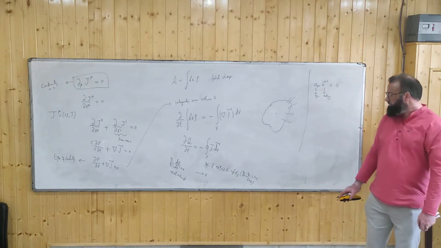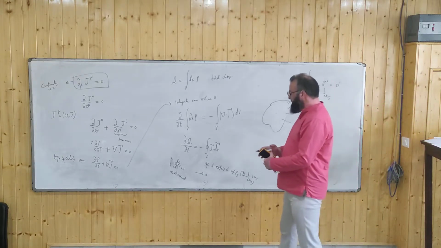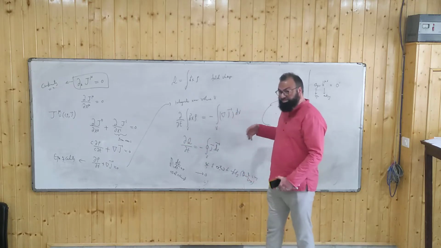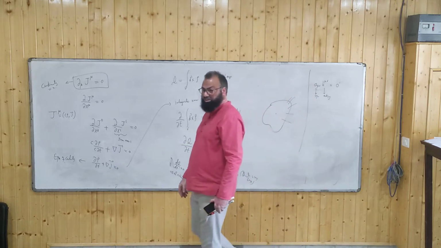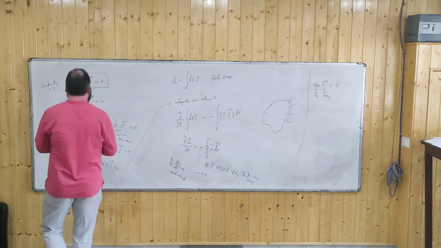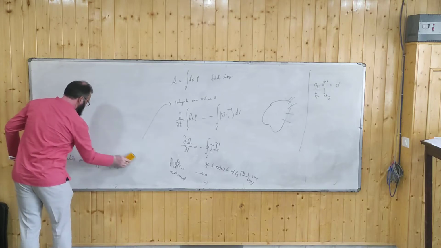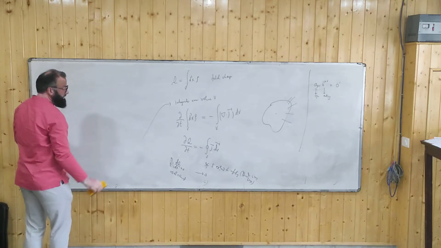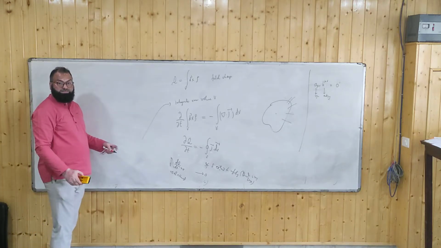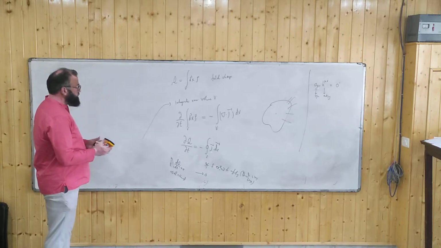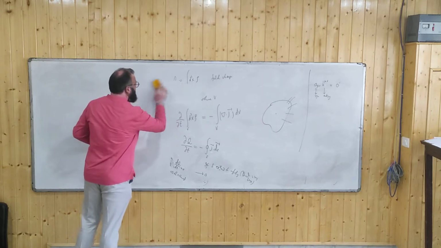So the amount of charge which moves out, which is changing, will simply appear as the current. This is also the conservation law. Any question?